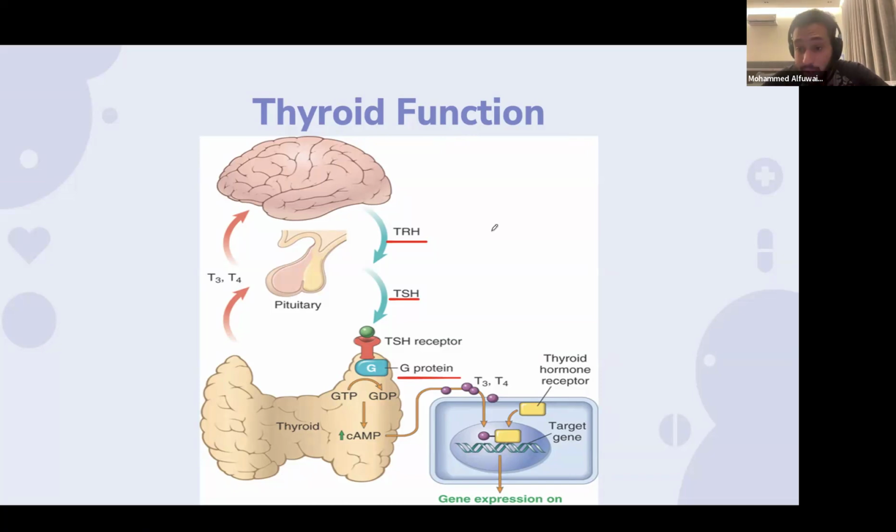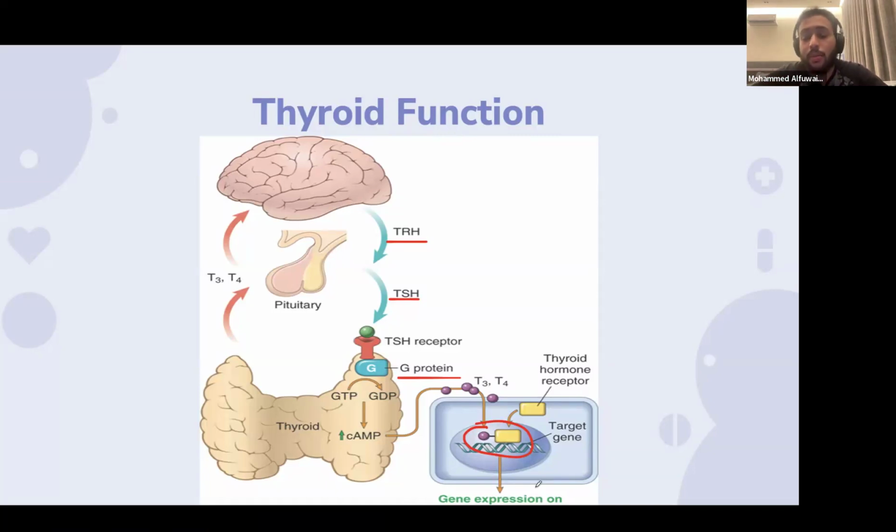T4 is more abundant, T3 is more potent. Once it goes to the cells, the T4 will convert to T3 inside the cell, and it will bind to nuclear receptors, which will then cause DNA, RNA transcription, protein synthesis, and so on and so forth.